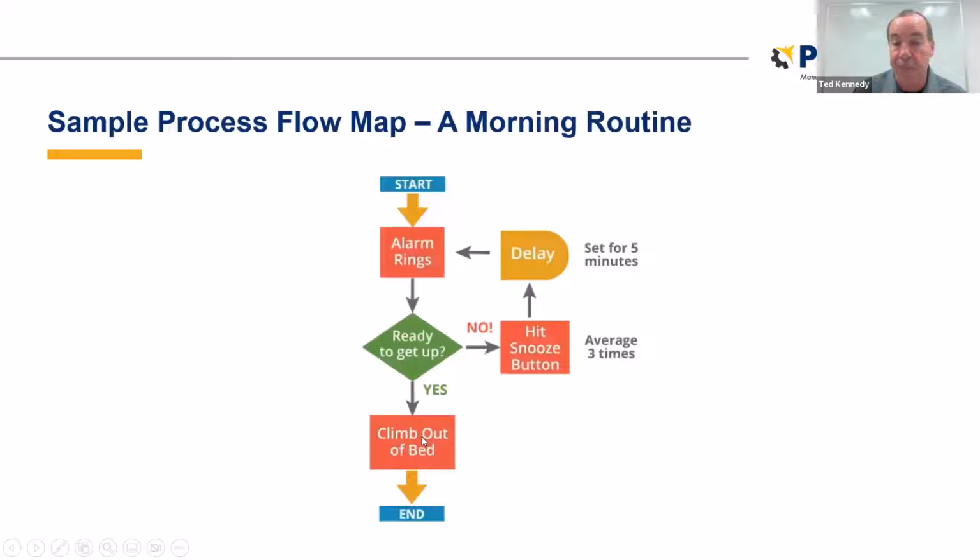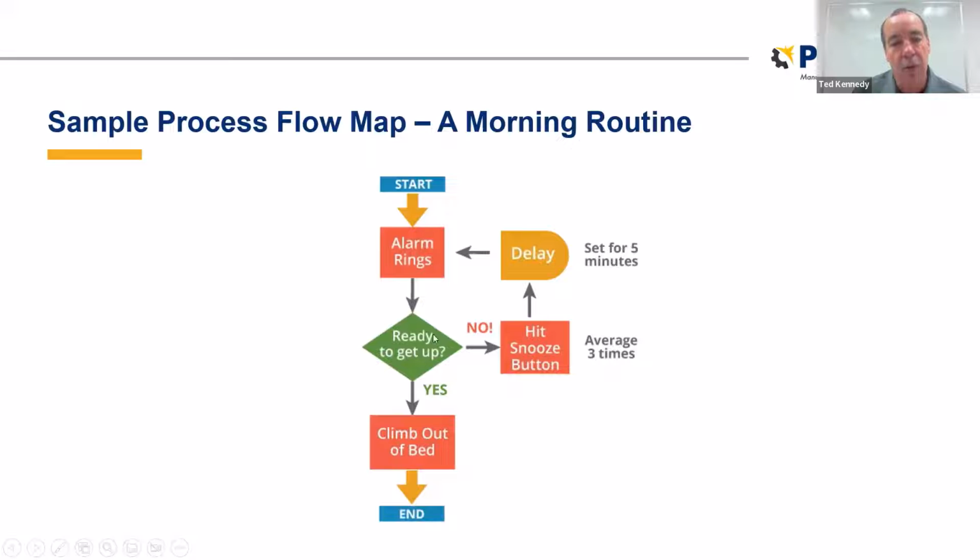Here's a simple process flow map of somebody getting up in the morning. There's a starting point when their alarm rings. The person decides, should I get up at this time? No, they hit the snooze button and sleep another 5 minutes, and then the alarm rings again. Do I get up again?